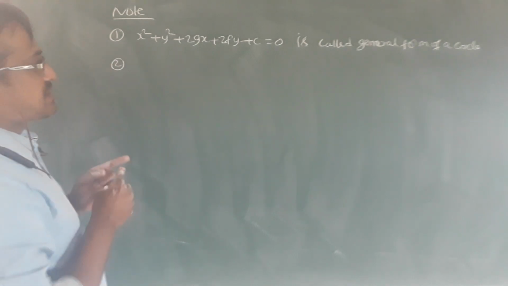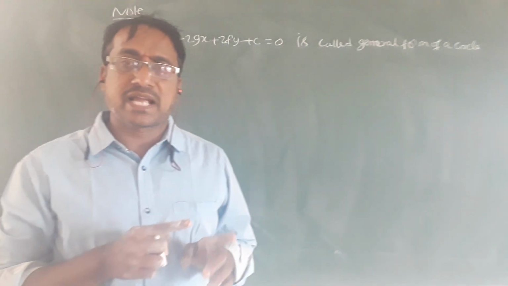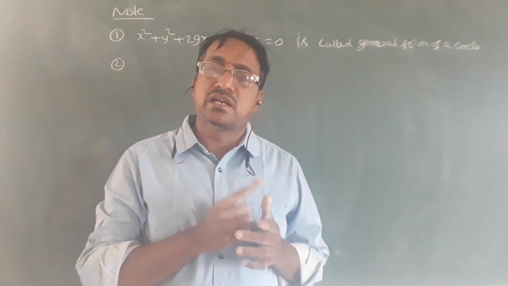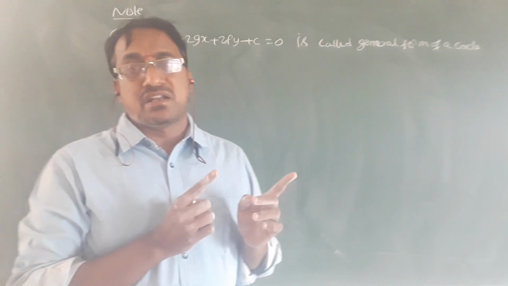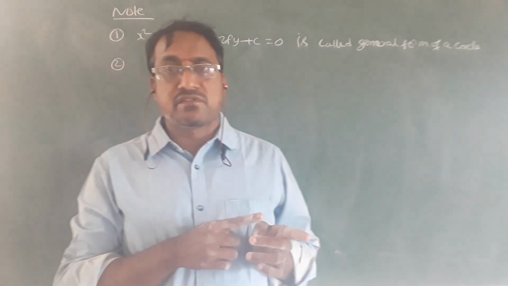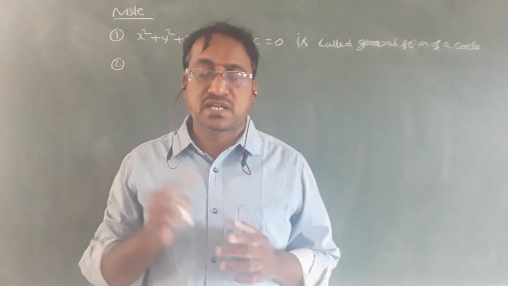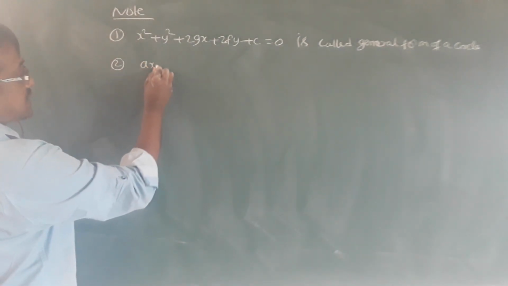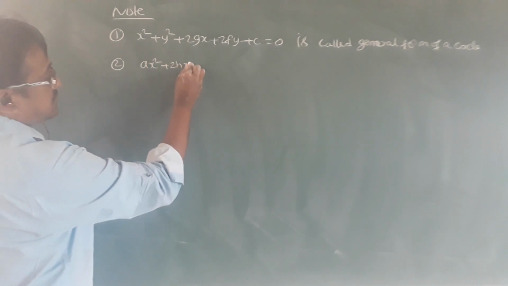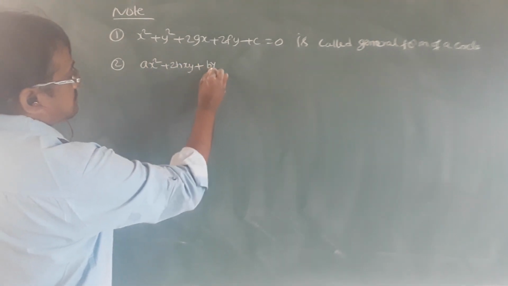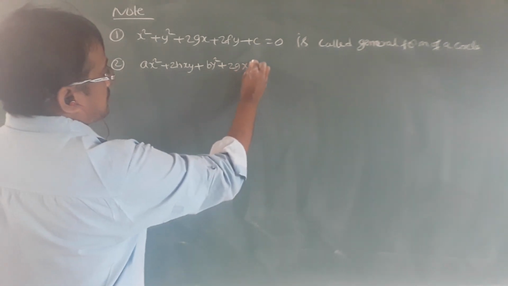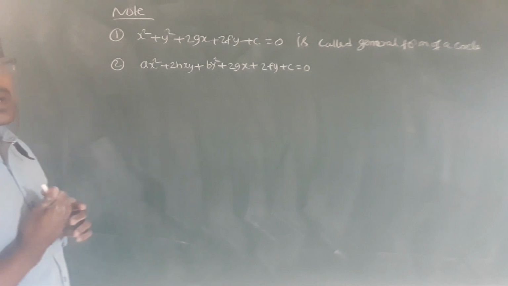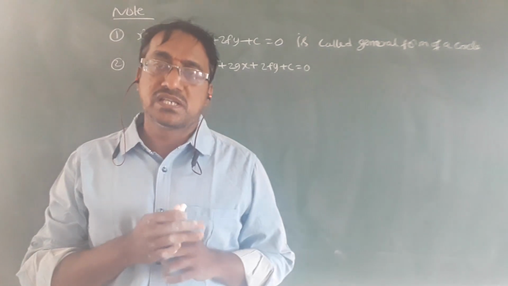Now this equation looks like a second degree equation. It is a non-homogeneous second degree equation, as you have seen in first year pair of straight lines. An equation ax square plus 2hxy plus by square plus 2gx plus 2fy plus c is equal to 0 is called a second degree non-homogeneous equation.